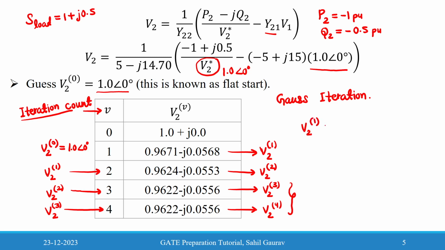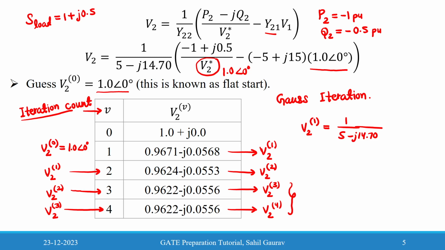Here you will get V2 1 as 1 divided by 5 minus j 14.07. So we have taken 1, then this side is okay.